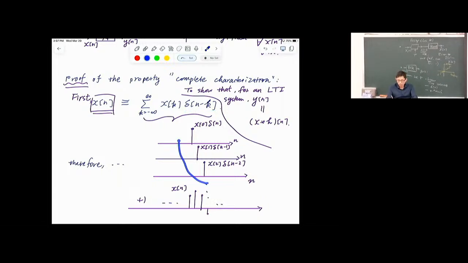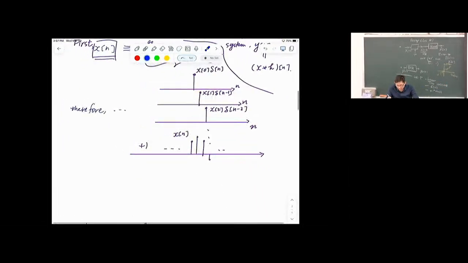I'm hoping this helps visualize what's going on. For any signal, we can decompose it into the sum of all its samples, in discrete time. Can we agree on that?